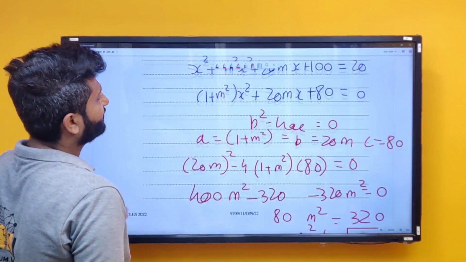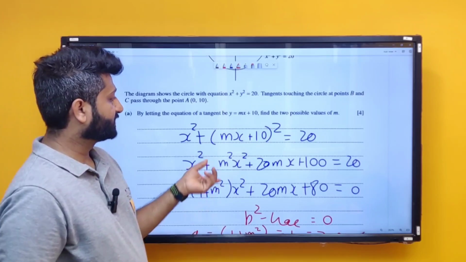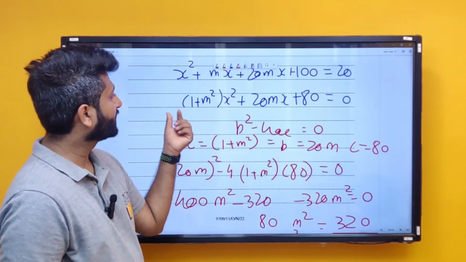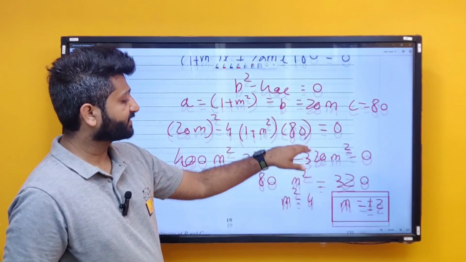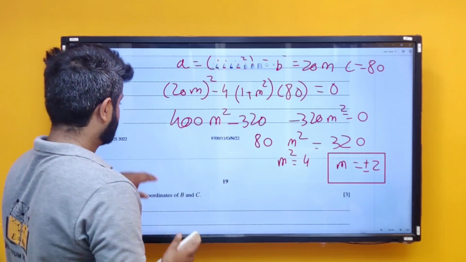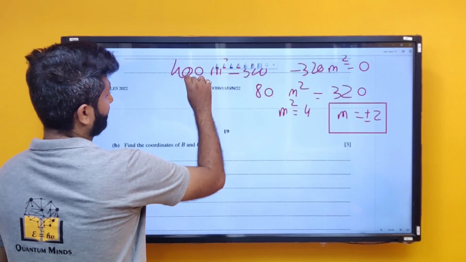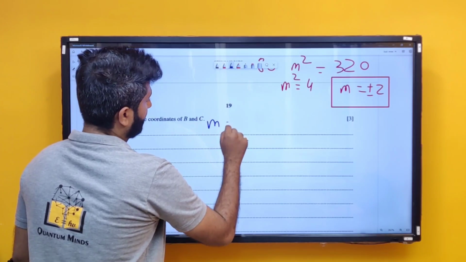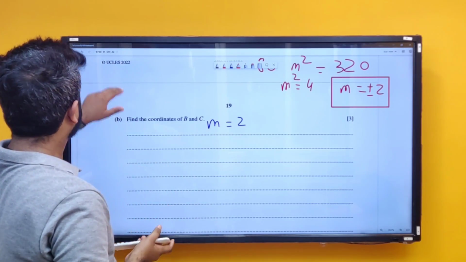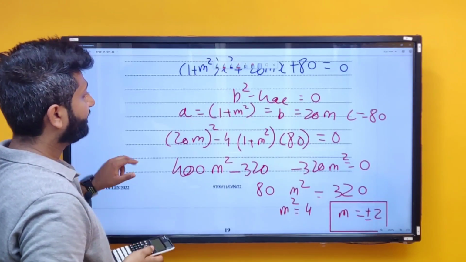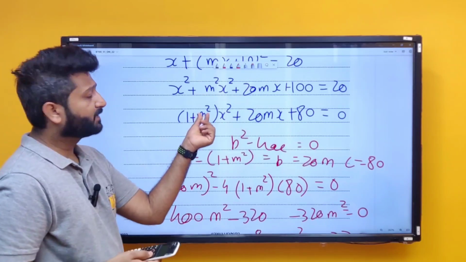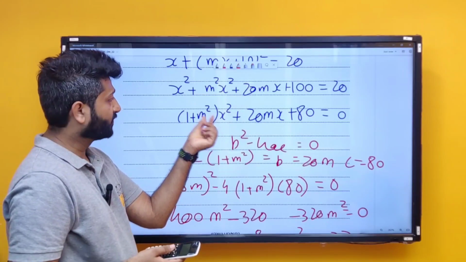Now finding the coordinates of B and C means we'll have to substitute these values of m into this equation. Let me substitute the first one, m equals 2. So the equation becomes 1 plus 2 squared, 2 squared is 4, 4 plus 1 is 5.